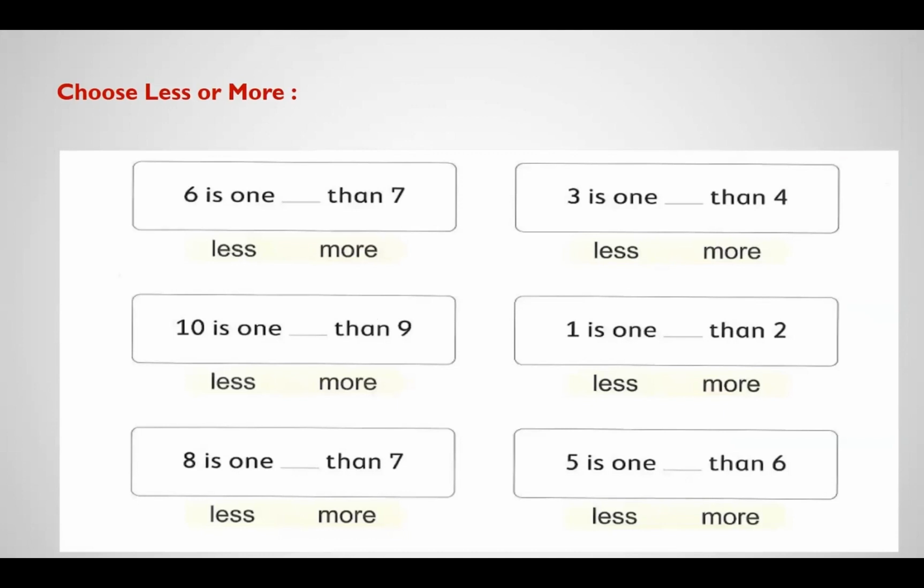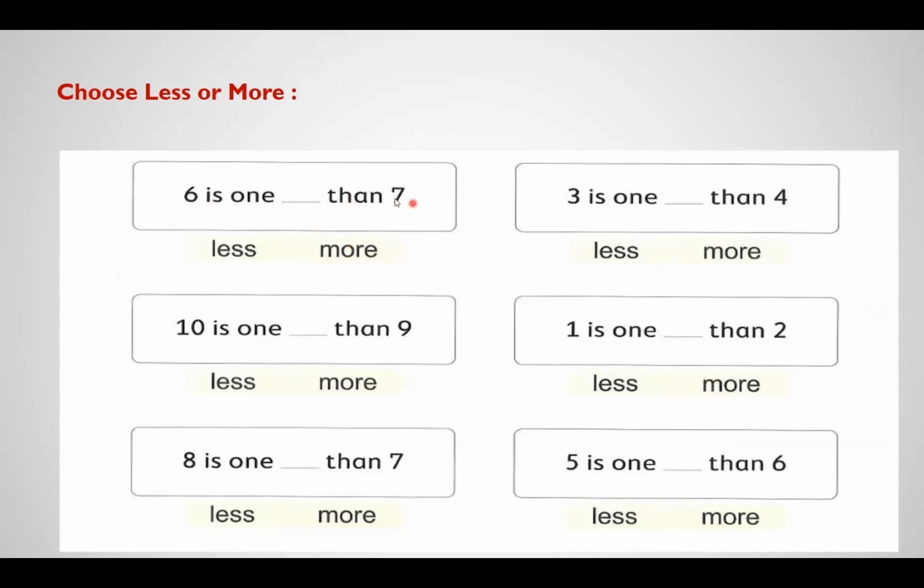Choose less or more. Here we are going to read, then choose whether the first number is less or more. 6 is 1 less or 1 more than 7. Now I'm going to read 6. 6 is less or more? 6 is the small or the big here?